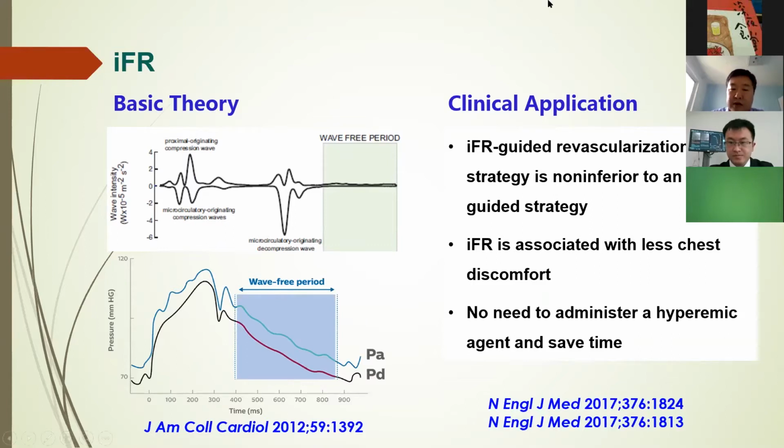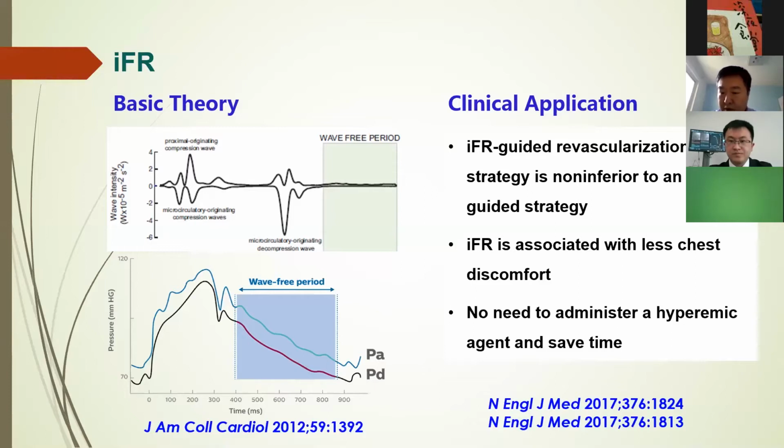In this part, there is no wave coming back from the peripheral arteries. In this part, they use a pressure ratio like PD over PA to mimic the FFR situation. But we know the PD over PA is still in the physiological state. We can call it a resting state. It's a little different from the FFR, so the cutoff value is larger than FFR.